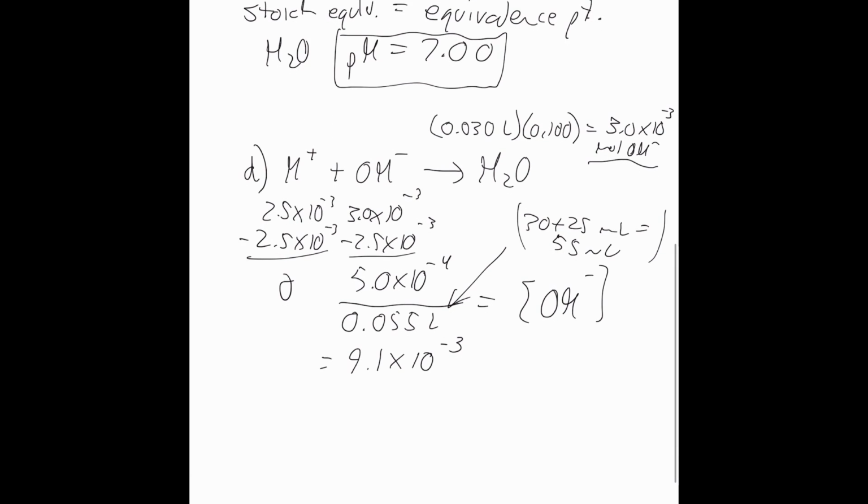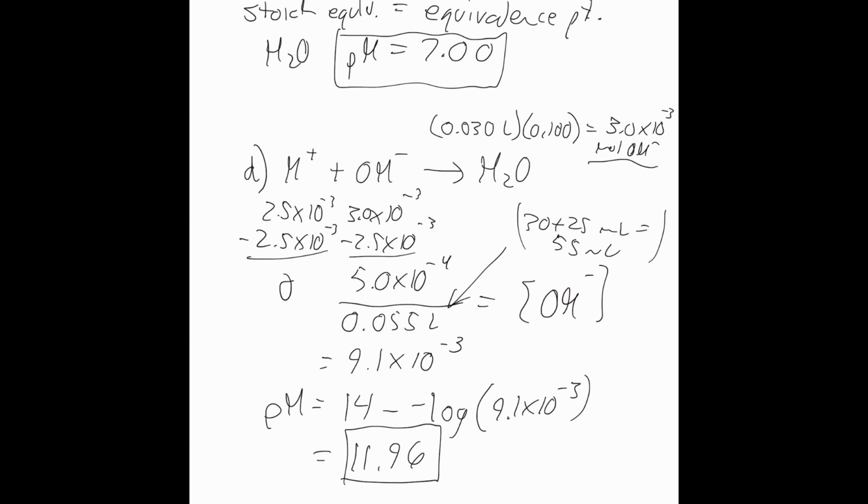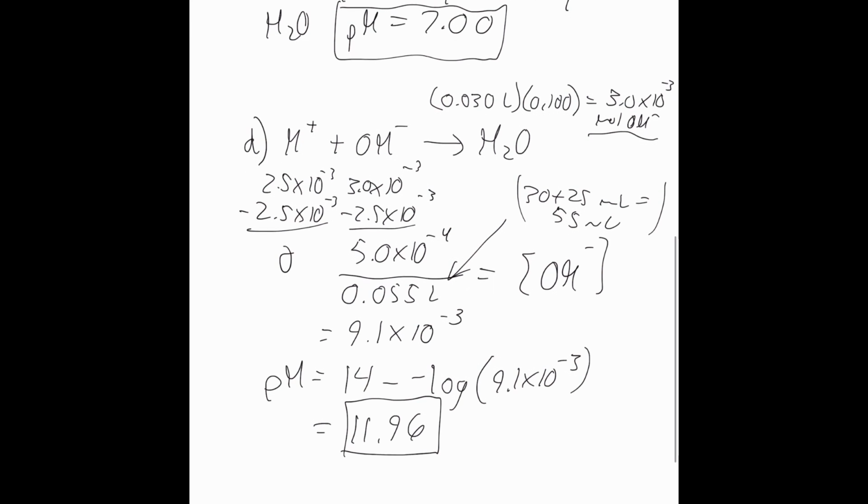If we want to convert to pH, it's going to be 14 minus the pOH, which is the minus log of 9.1 times 10 to the minus 3, and that is going to be 11.96. So we have a higher pH. Notice we went from pH 7, now we're really high, up to close to 12, because we have excess strong base.